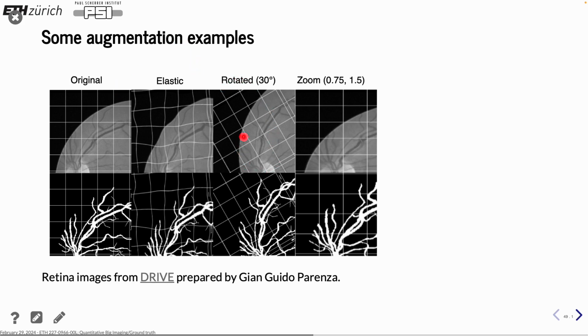And you can rotate it. In this case, it was rotated 30 degrees. You can also do some zooming on the data, and then you can see the effect, how the data changes with that. And that gives more variations, and it helps you also to improve your data set and the training variations.